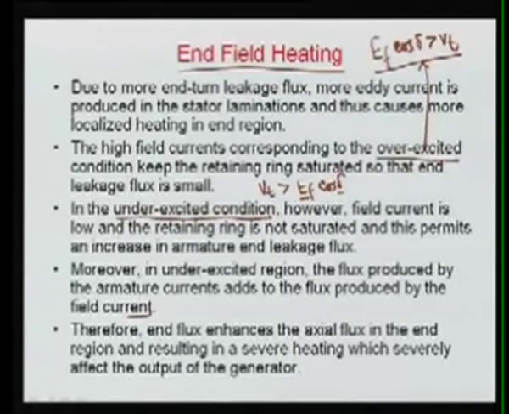So in this underexcited zone, the flux produced by the armature current, FA, adds to the FF, giving a resultant F. So there is again more flux, and the heating due to this end flux is more in the underexcited region.